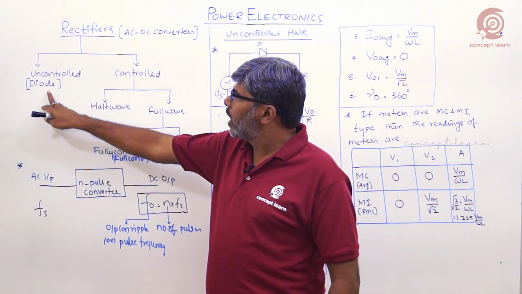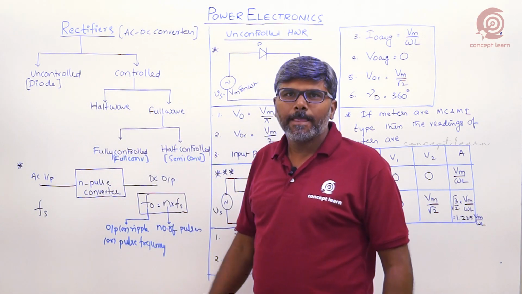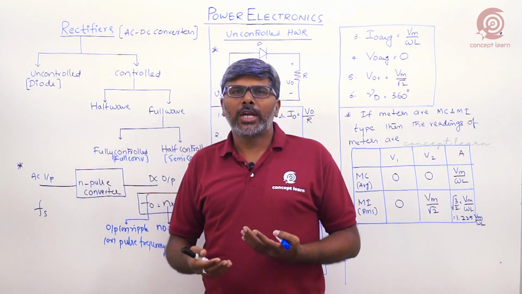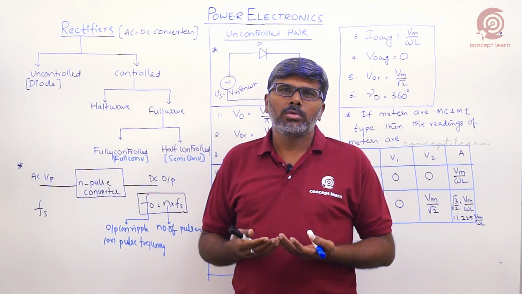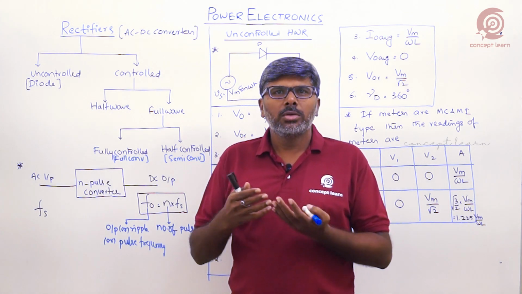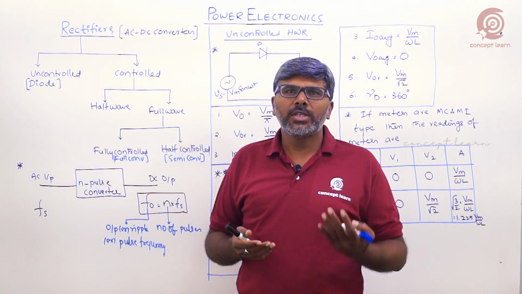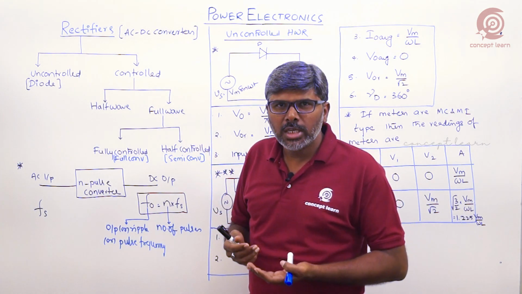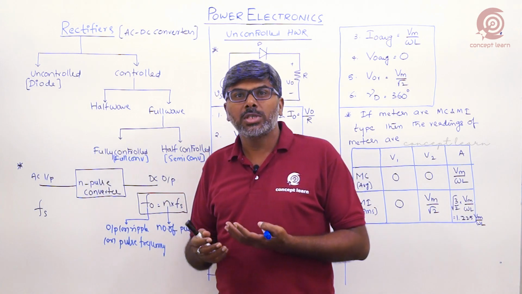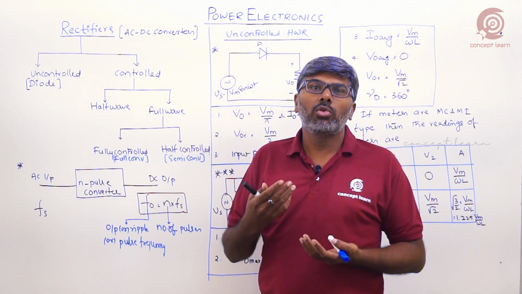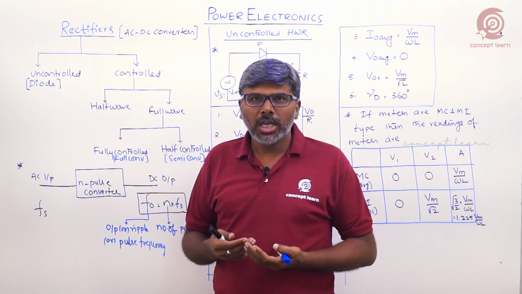One is uncontrolled, second one is controlled. Uncontrolled means diode rectifiers in which output power cannot be controlled. Fixed input, fixed output. It converts fixed AC input to fixed DC output. Whereas when you come to the controlled rectifiers, it gives controlled rectified output, controlled DC output from fixed AC input.